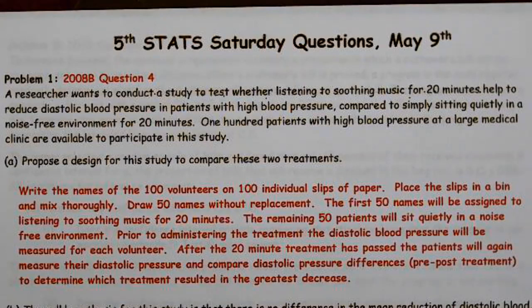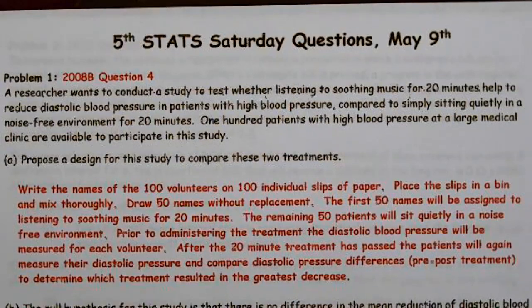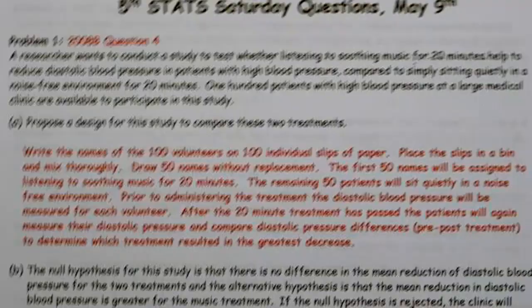It is really important that you address the randomization, how you're going to do it. You need to make sure that you address which treatment they received, and you need to make sure that you say that you're going to compare results at the end and what you actually are going to compare. Those things are critical that you address.